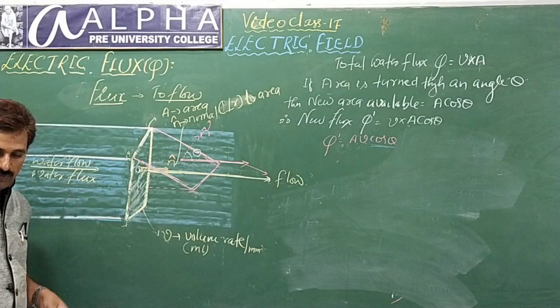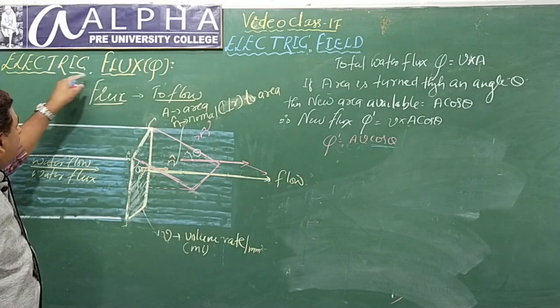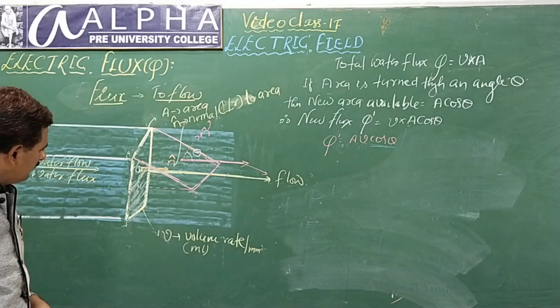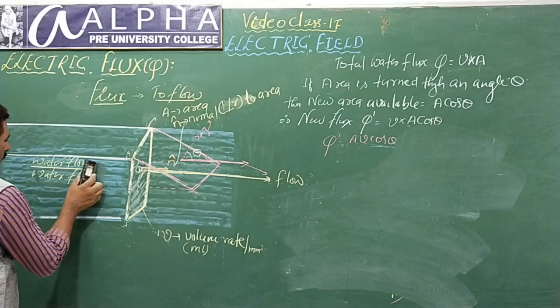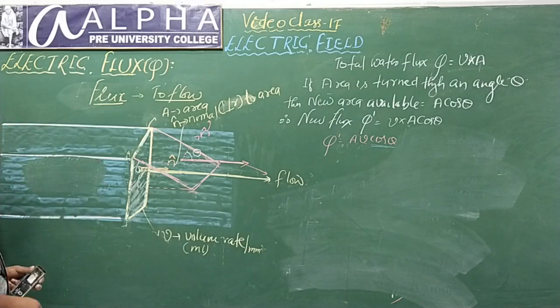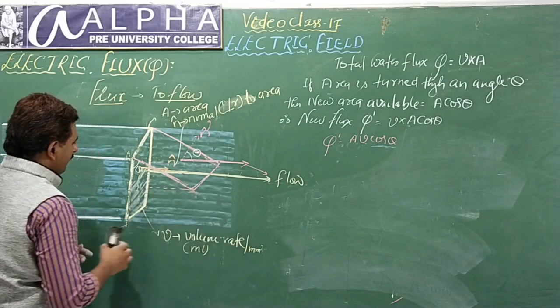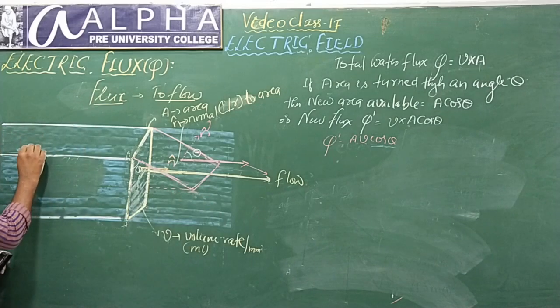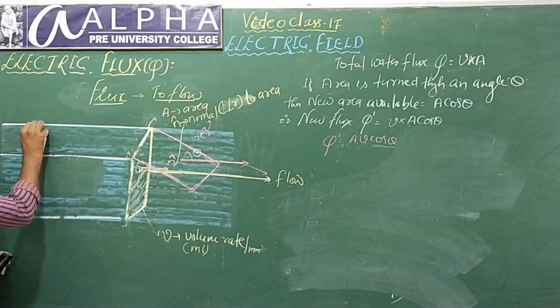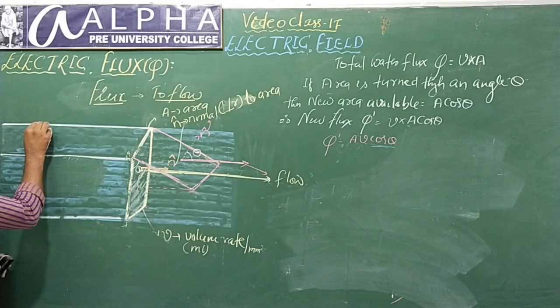Now let us come to our topic, that is electric flux. What is electric flux, students? Instead of water flow, now let's consider an electric field. Let me continue with the same thing, but change a simple arrangement.